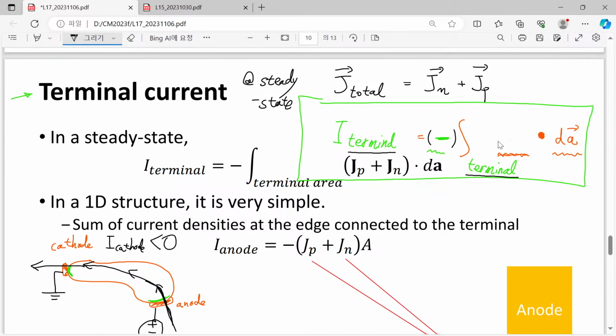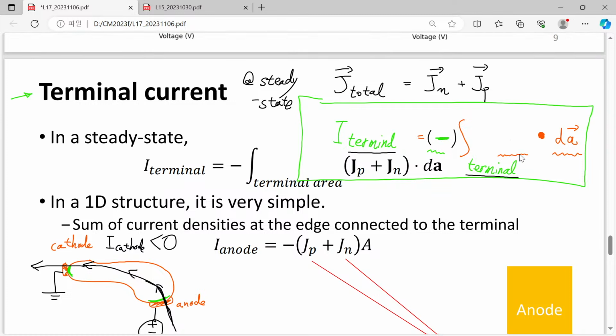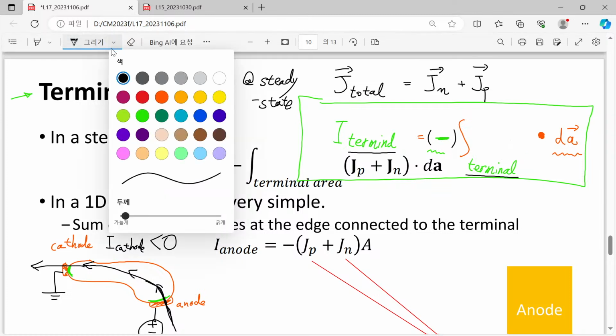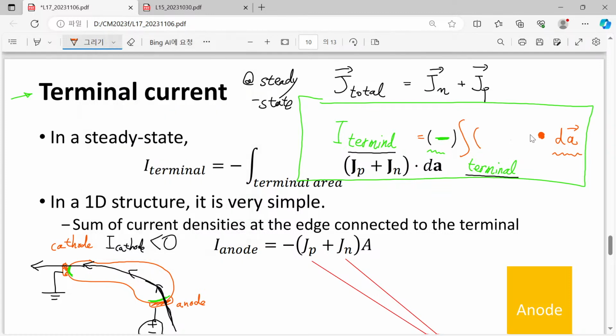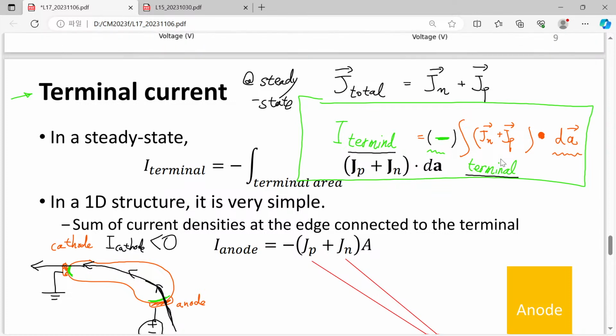Then when you want to calculate a certain terminal current, what you have to do is quite simple: just make an integration over the terminal surface of your electron current density and hole current density. That's it. So let me just summarize.